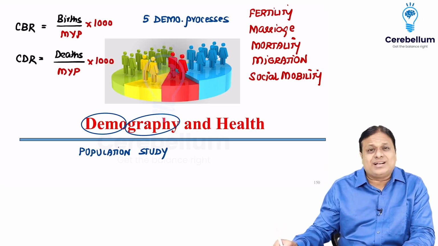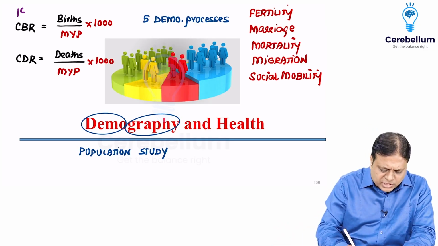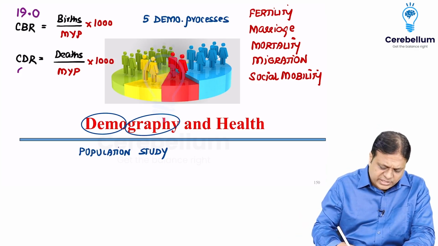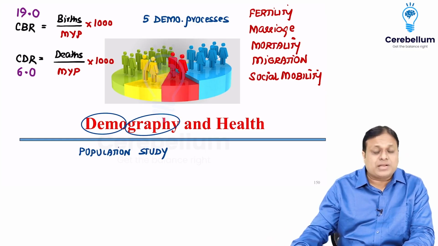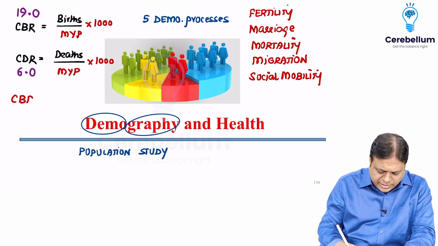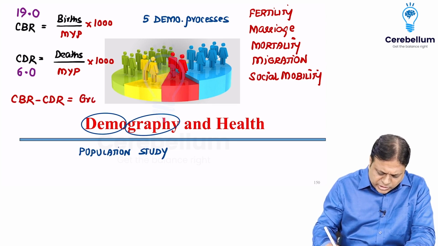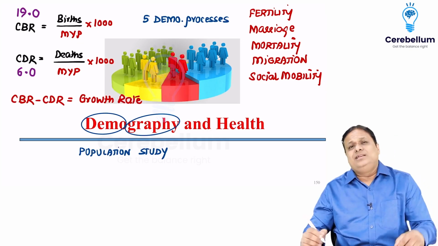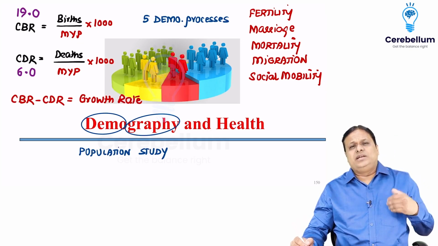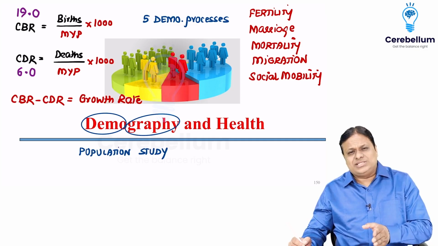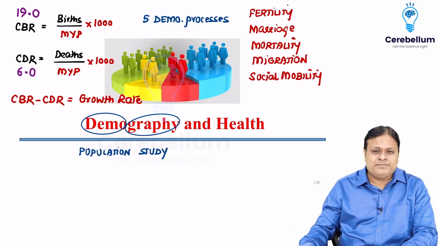When we look at India currently, crude birth rate is around 19 per thousand and crude death rate is around 6 per thousand mid-year population. Crude birth rate minus crude death rate, this gives you growth rate. You multiply that by 10 to convert it into percentage, and also this is represented by demographic gap.